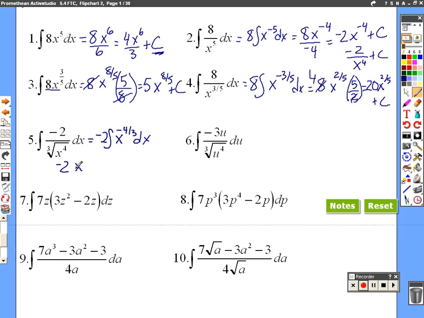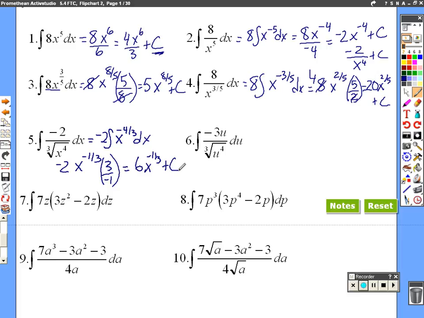Adding 3/3 to that would make it negative 1/3. Divide by negative 1/3, which means multiply by 3 over negative 1. And the negative and negative are going to cancel. So we've got 2 times 3, which is 6, x to the negative 1/3 plus c.